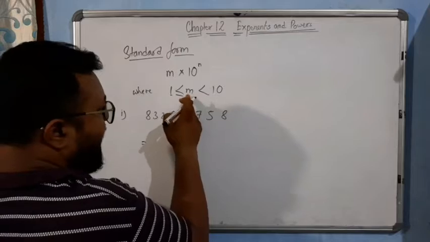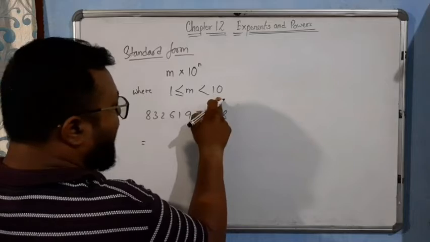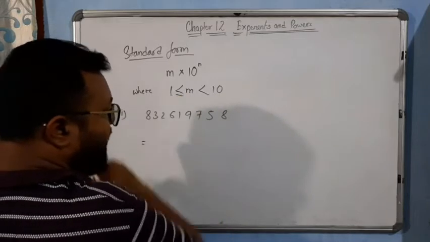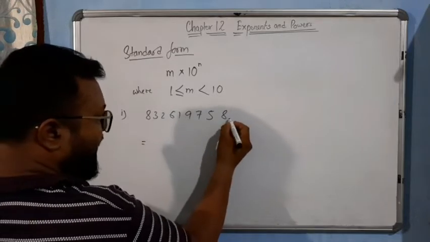The size of m should be greater than or equal to 1 but less than 10, which means it should be a single digit number. Right now there are 9 digits and the decimal is at the end.